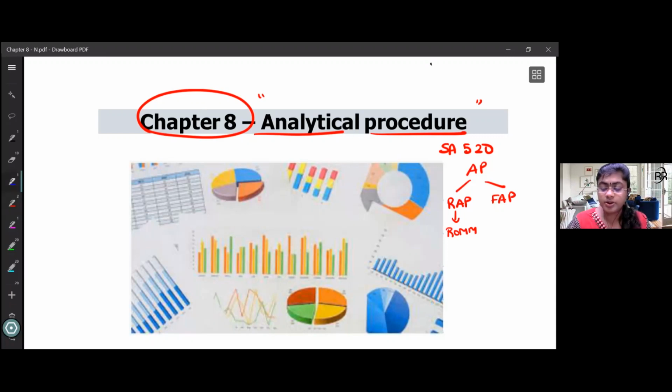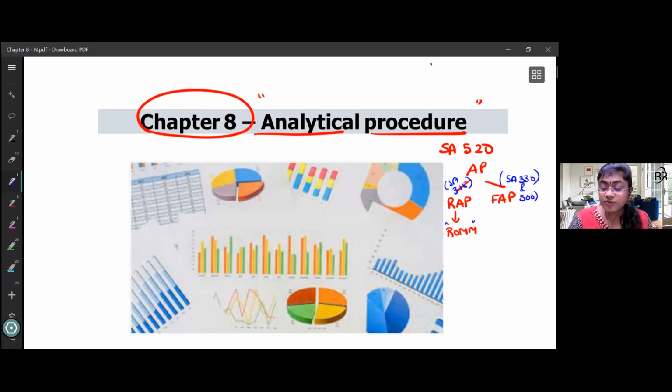That is as per SA 315. FAP, further audit procedure, which is response to assessed ROMM risk, is covered under SA 330 and 500 to collect evidence.